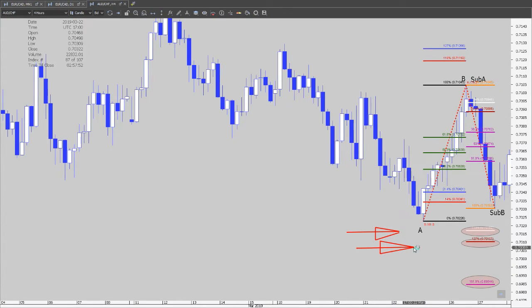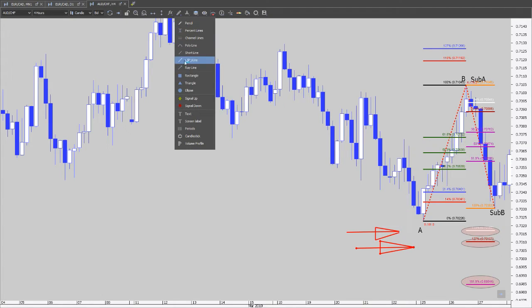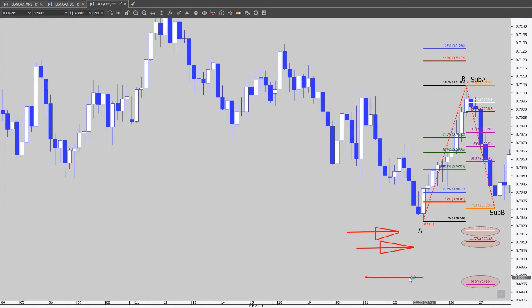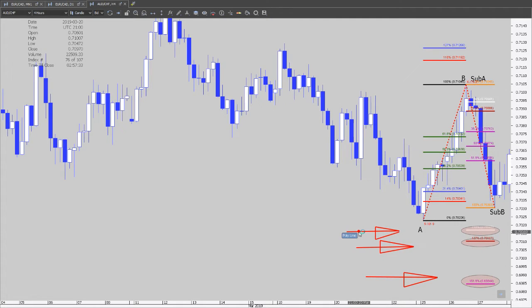Those are one of the best entries to enter inside the AB boundary. Okay? This sub B so far has an 80 to 85% chance to be the C, the conformed C. I'm going to delete the arrows. Those are just for you to see the extensions, right?